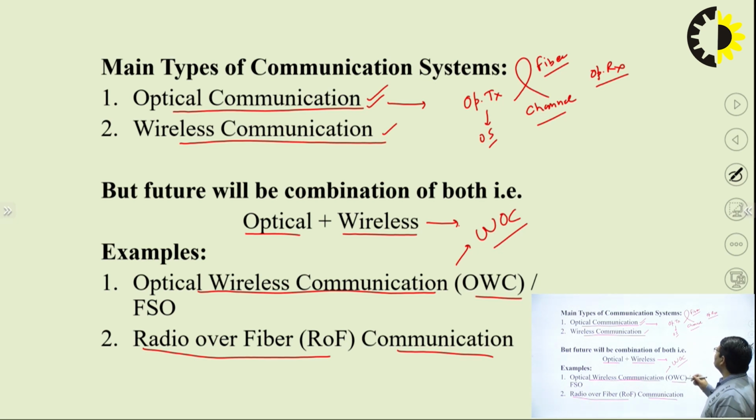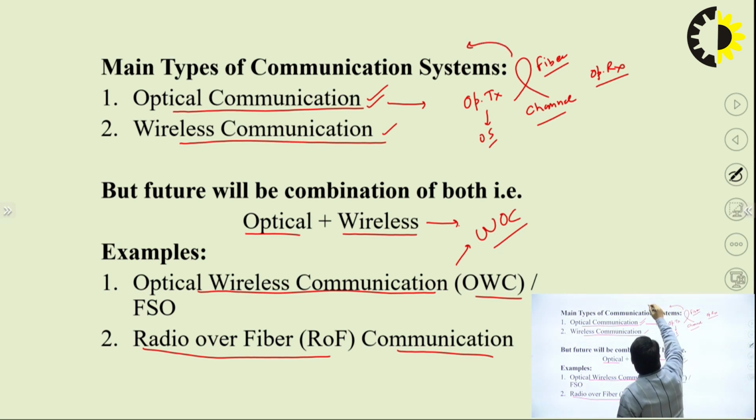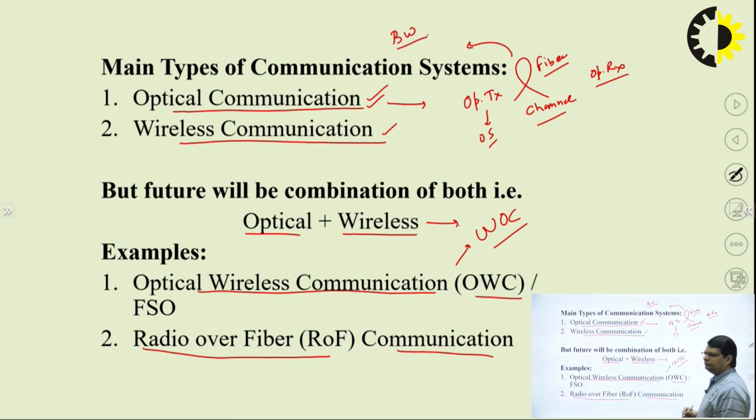The main advantage for this optical communication system is that we have very large bandwidth, but along with the bandwidth there is limitation also, that it is a wired system.